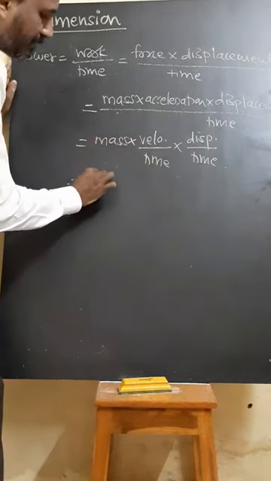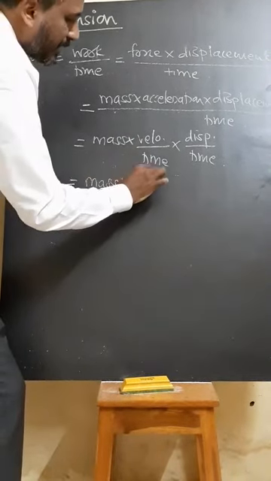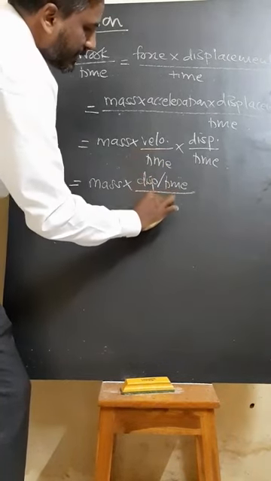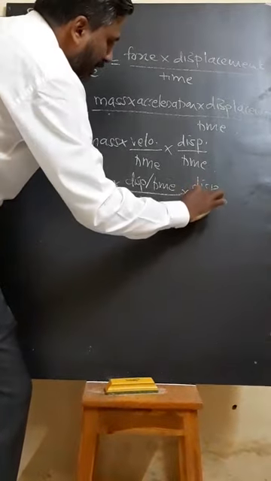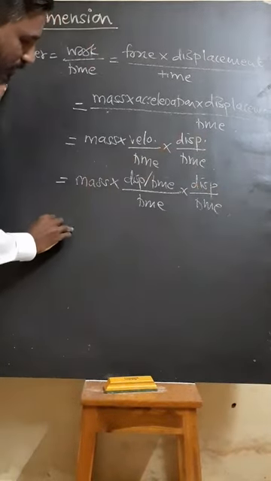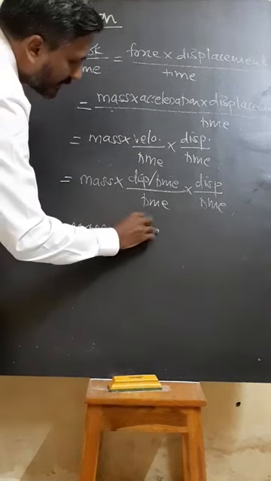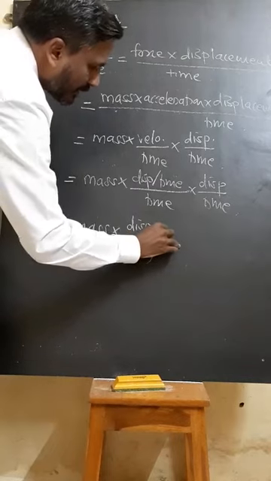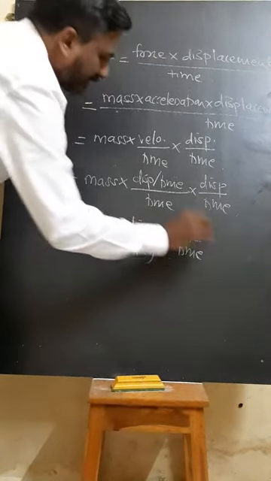Again velocity is not a fundamental, so we split this. So velocity is nothing but displacement upon time divided by this time as it is, multiplied by again displacement upon time. So again split this: mass into mass as it is, displacement divided by time square into displacement divided by time.